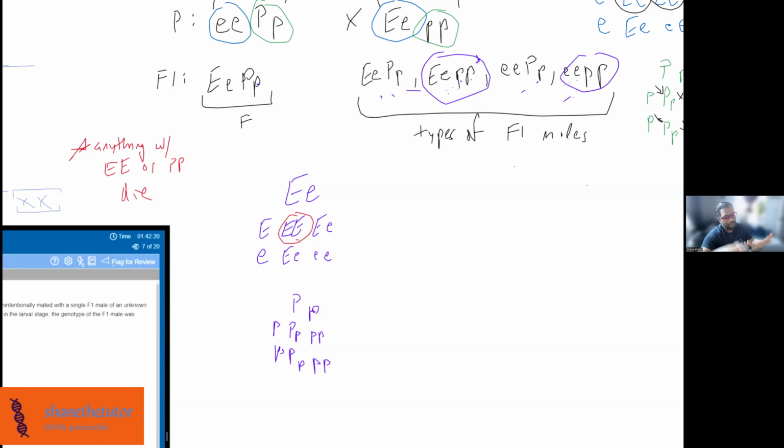But I'm going to go over the last one as well, the little e, this one over here, just to show a comparison. So I'll do that in purple as well. So now I'm going to be crossing this F1 female with this F1 male. So big E, little e. Oops, let me fix that.